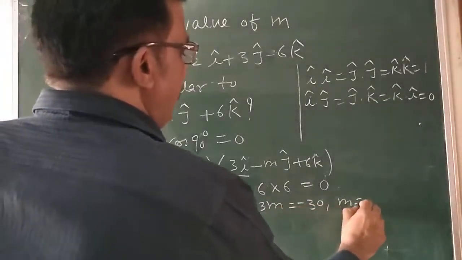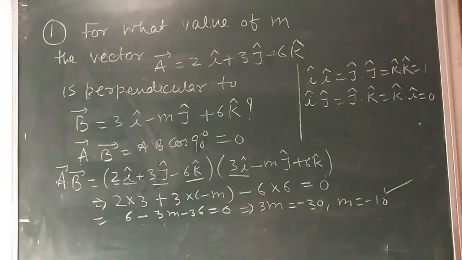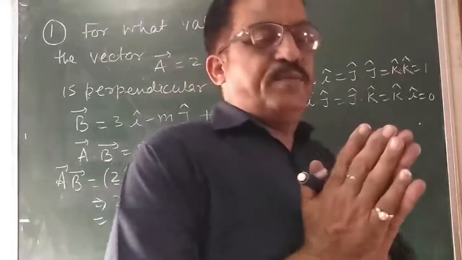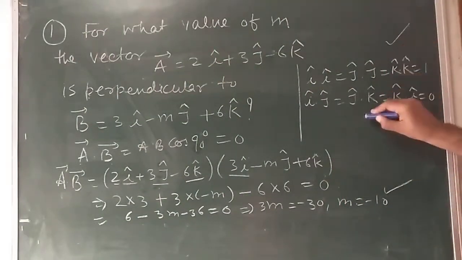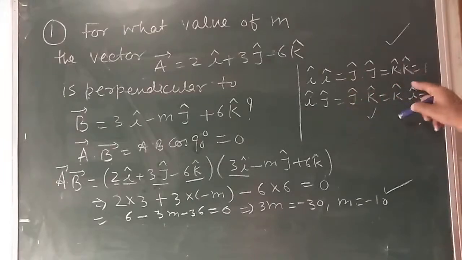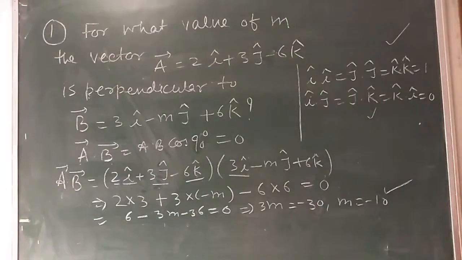So you will get m is equal to minus 10. This is the answer here. Is it clear? It is very easy. But you have to know the formula: i dot i, j dot j and k dot k are equal to 1, and i dot j, j dot k and k dot i are equal to 0. Is it clear? Yes sir, it's very easy.